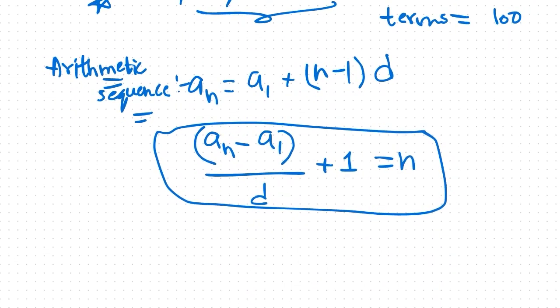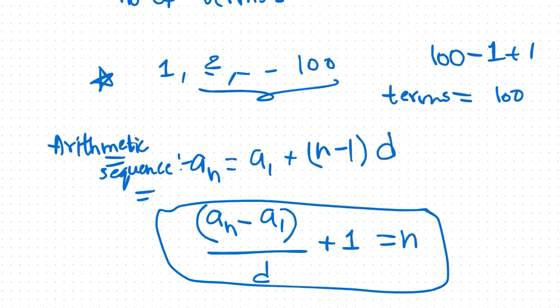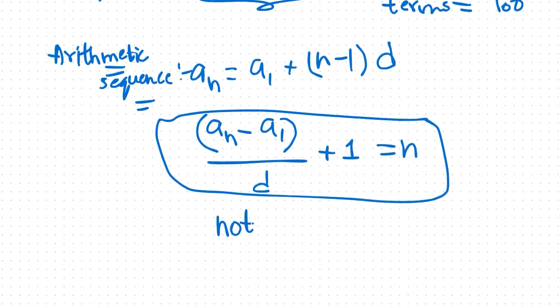Is it clear? In the earlier case, when we were counting 1 to 100, the common difference is 1, so we just write simply last minus first plus 1. The actual formula is last minus first upon common difference plus 1. It is not last minus first plus 1 upon d.